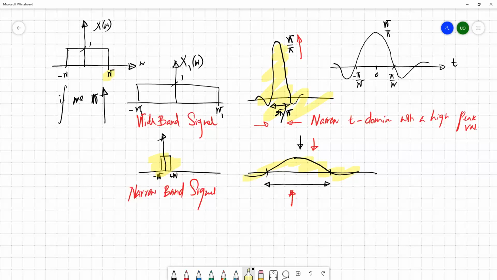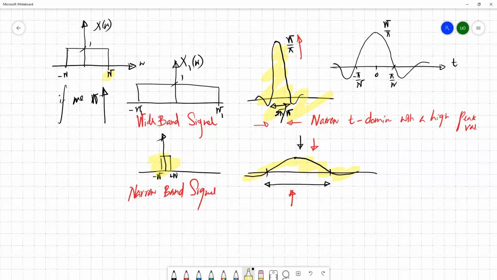It leads to a huge impact if you want to sample the signal. What happens if you are dealing with narrow band, what would be the sampling, and if it is a wide band signal, what would be the sampling? This is a link with sampling, so we'll discuss it later on.